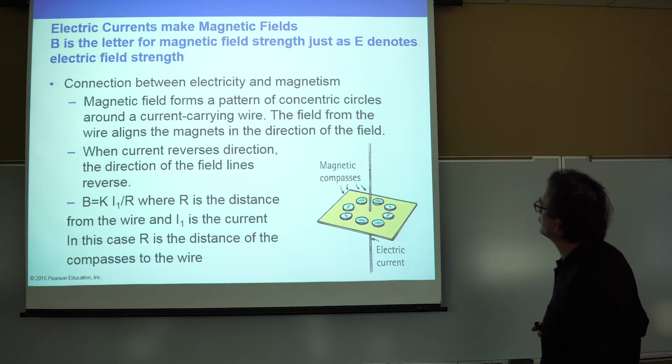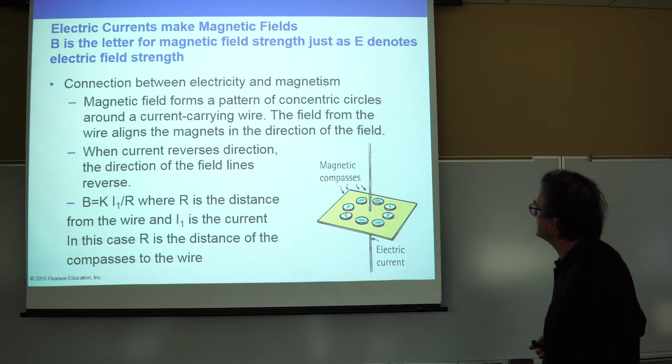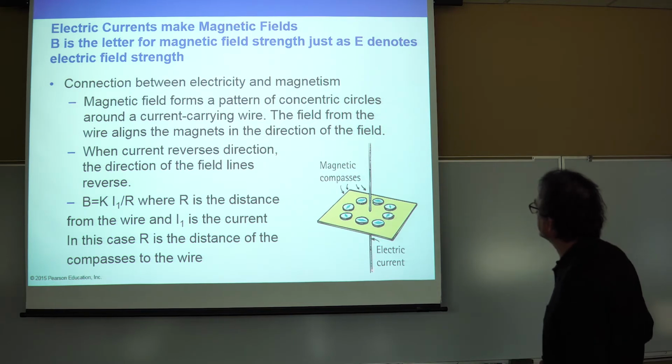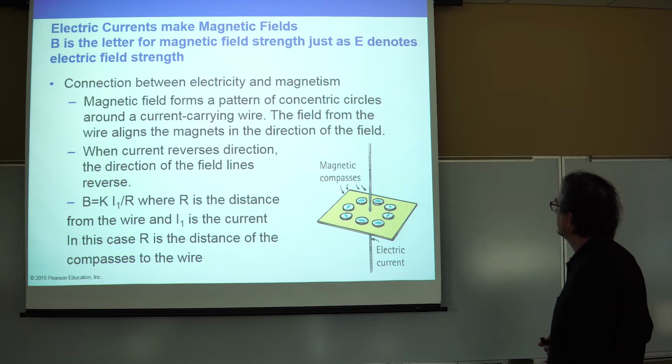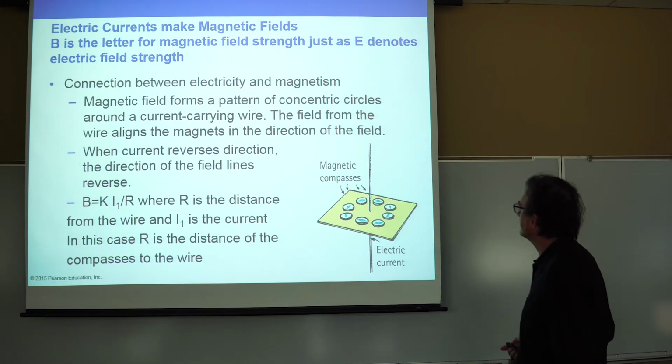If we were to throw iron filings, or in this case compasses, little bar magnets, on a piece of paper perpendicular to the wire, each of these compass indicators would align itself in a circle around the wire. That tells us the direction of the magnetic field is in a circular pattern around the wire.